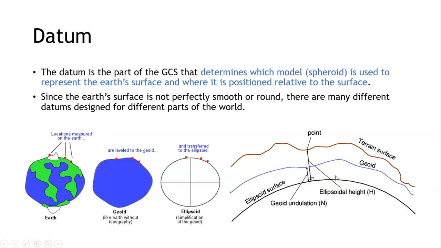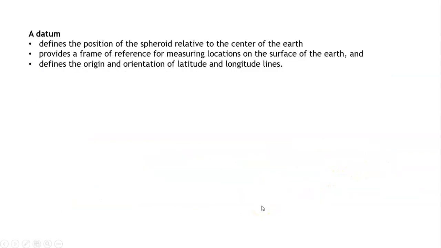We see some undulations. Now the terrain surface is represented either with the help of a geoid or some other sort of ellipsoidal shapes. Hence, a datum defines the position of the spheroid relative to the center of the Earth.